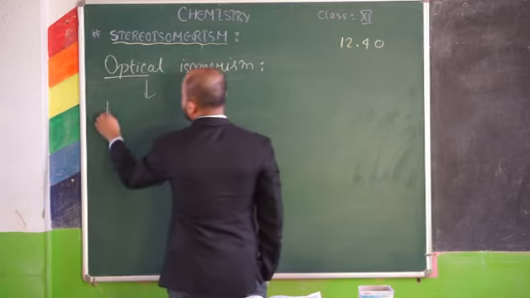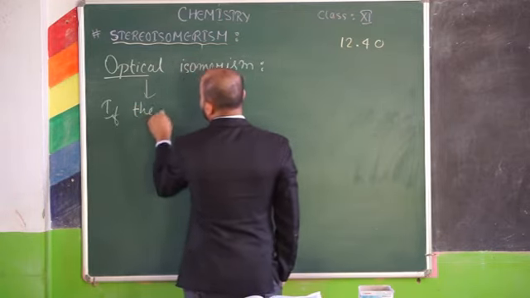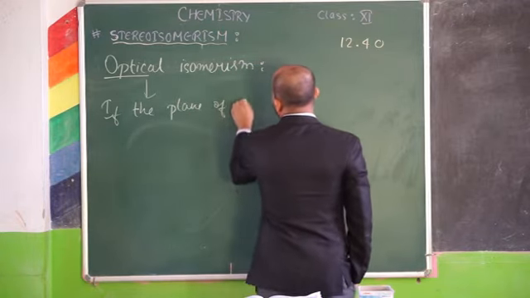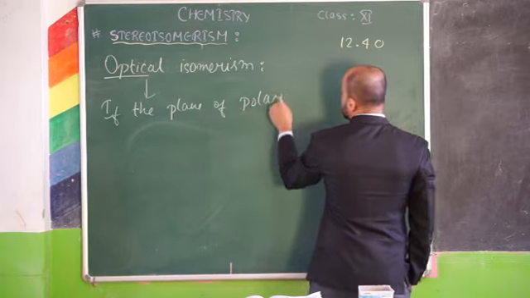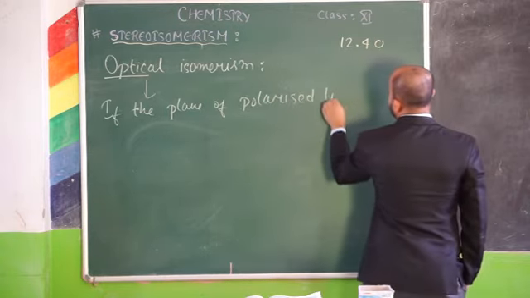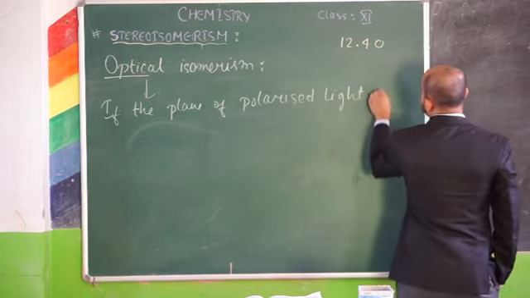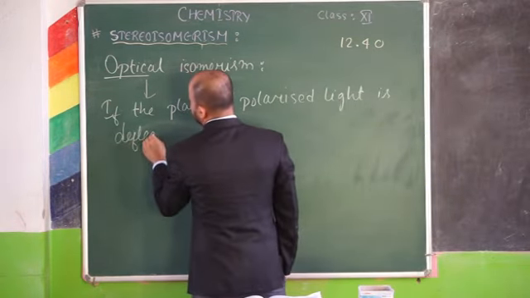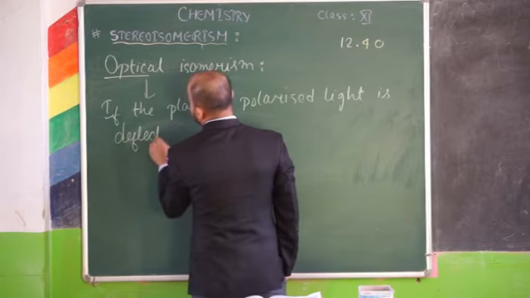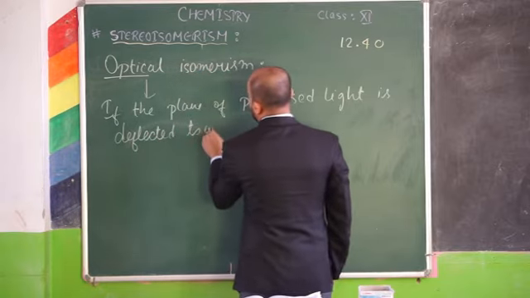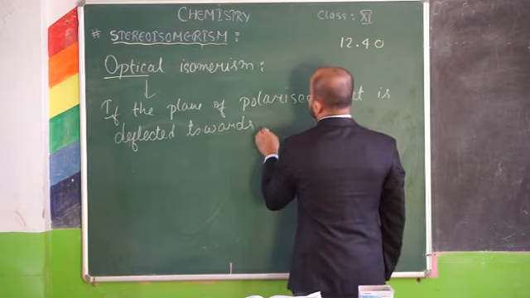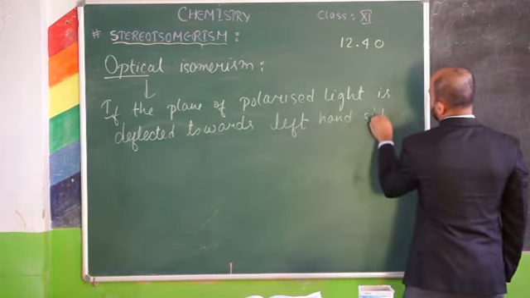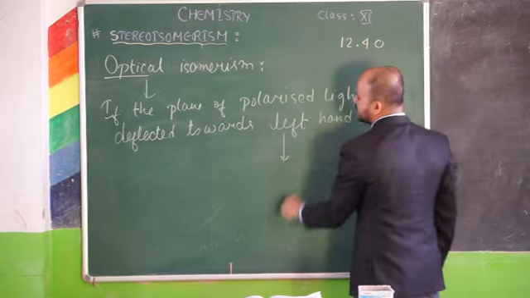If the plane of polarized light is deflected towards the left hand side, then such compounds are known as what?